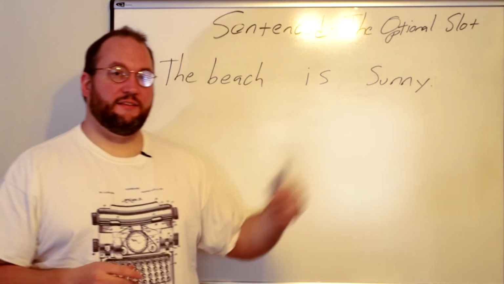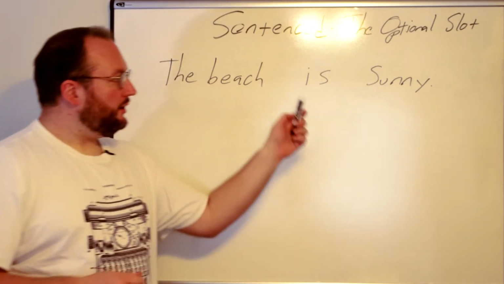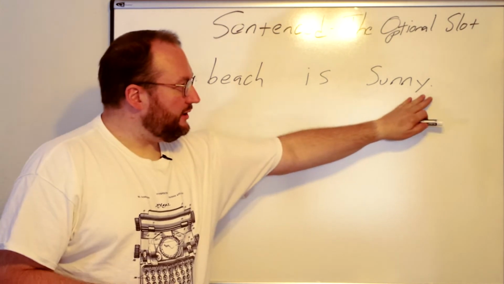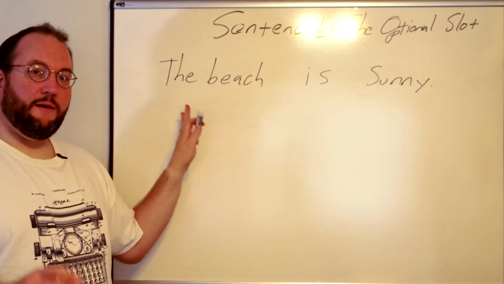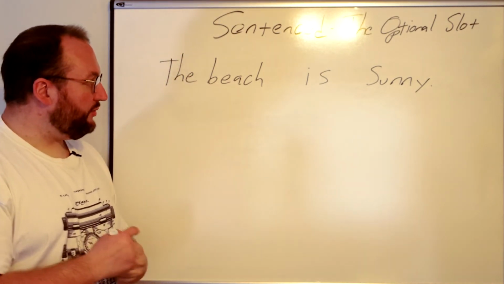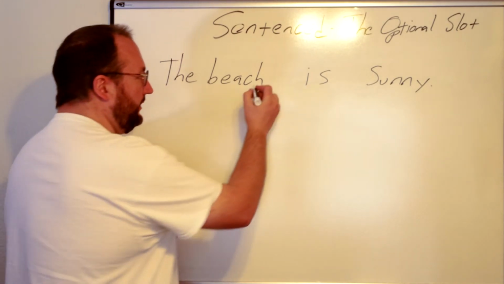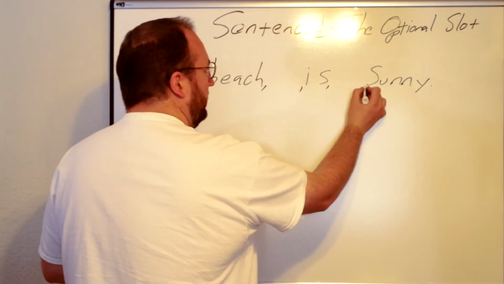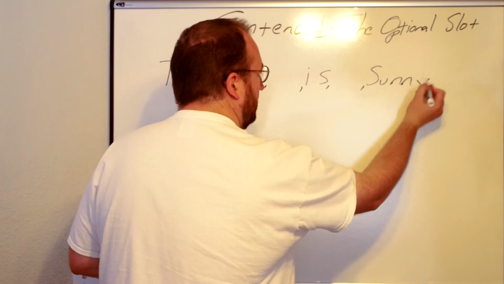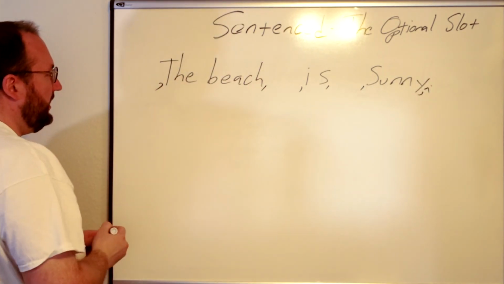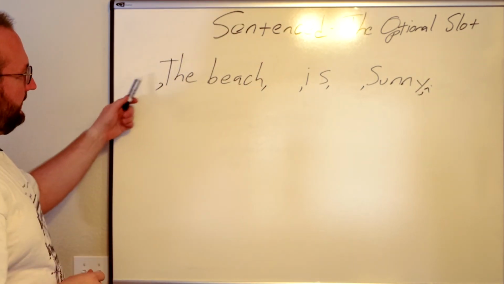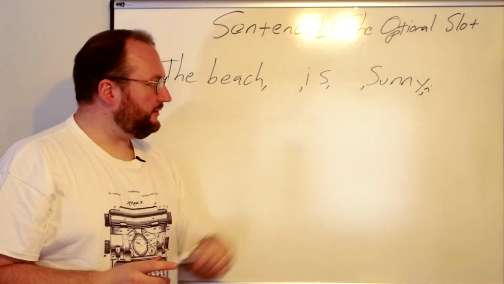The beach is sunny. So I've broken this out for you so you can easily see where the optional slots are. And just remember, when you rewrite this sentence, there's a comma that goes between each of the things you're going to add and the mandatory slots.